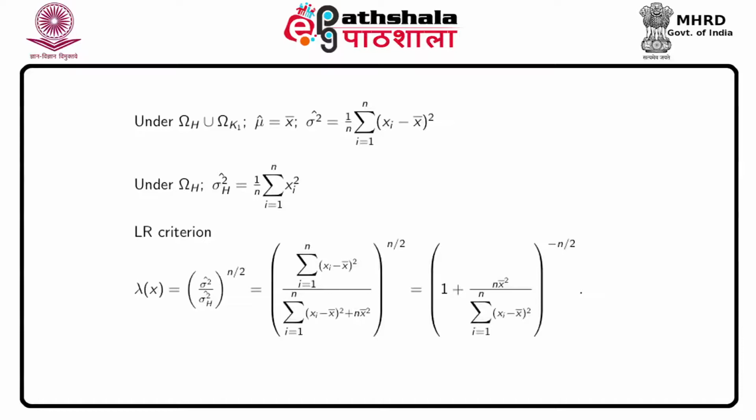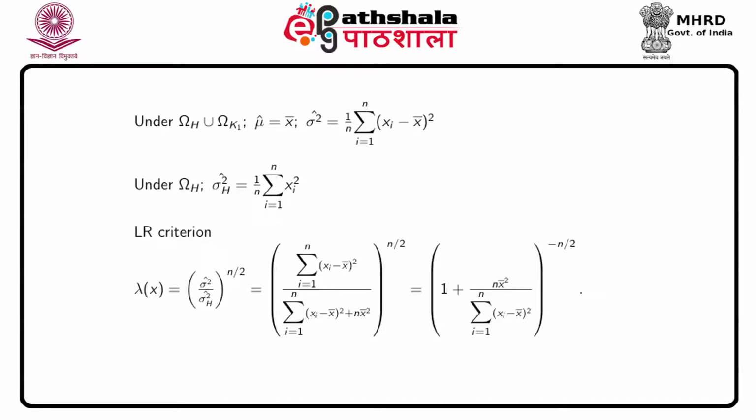Under omega h union omega k1, it is easy to note that the MLE mu hat will be equal to the sample mean x bar, and the MLE of sigma square, sigma square hat, is equal to 1 by n summation (xi minus x bar) whole square, which is equal to s square, that is the sample variance with divisor n. Again under omega h we can show that the maximum likelihood estimate of sigma square, which is denoted by sigma square hat h, is nothing but 1 by n summation xi square.